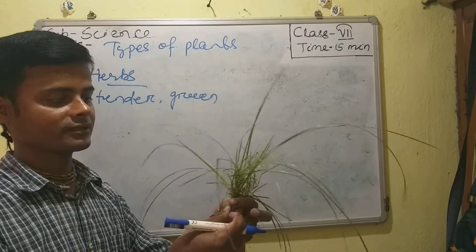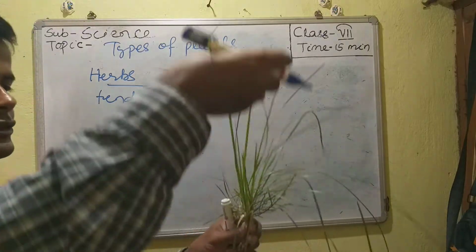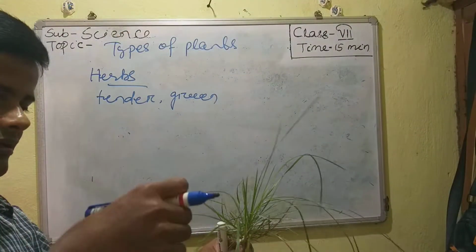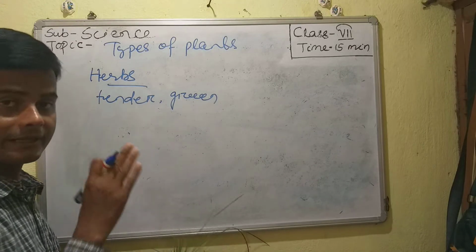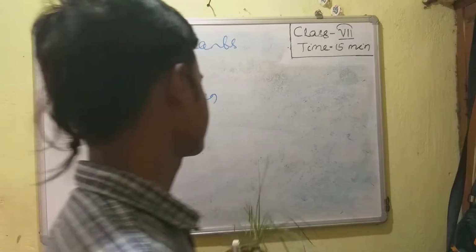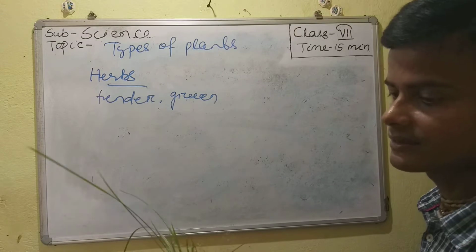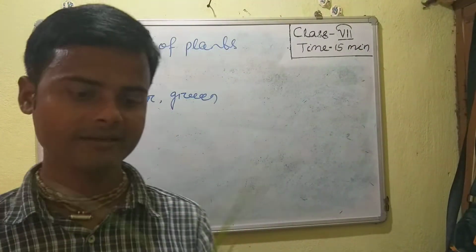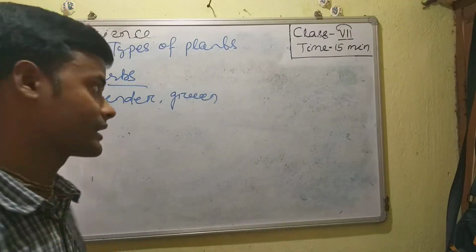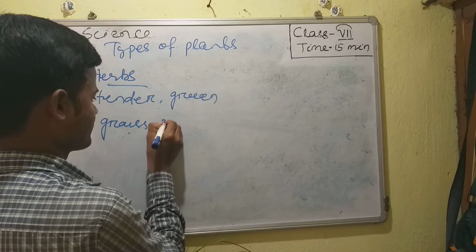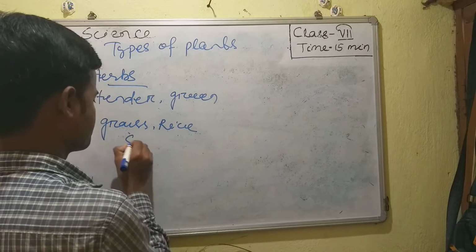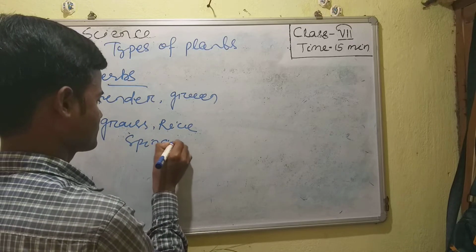You can see the plants in my hand, right? They're so small, not so big. So the plants which have tender and green stems are known as herbs. This is a herb plant. You can take other examples, that is grass, rice, spinach, right?